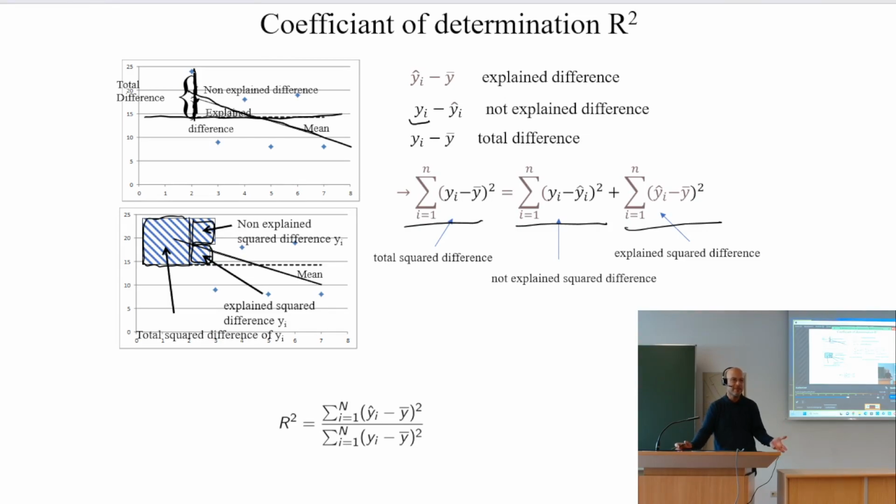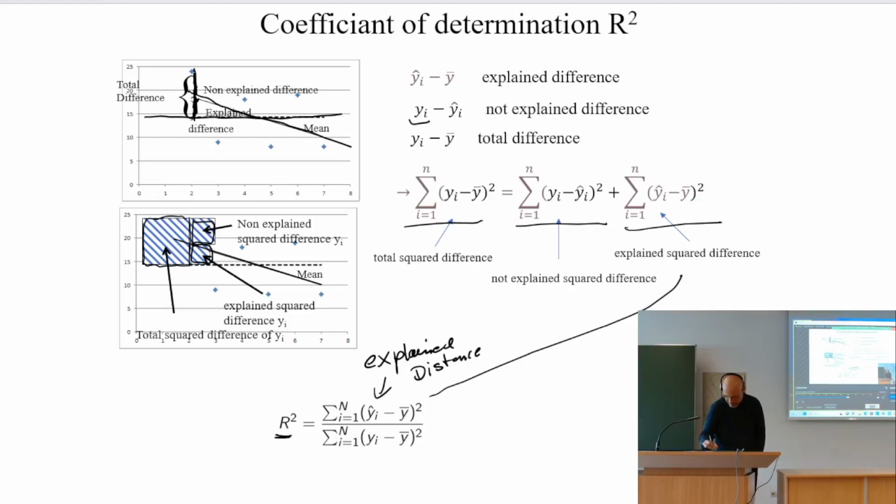And what we then formally can show is that this number squared is just this explained distance squared over the total distance squared.